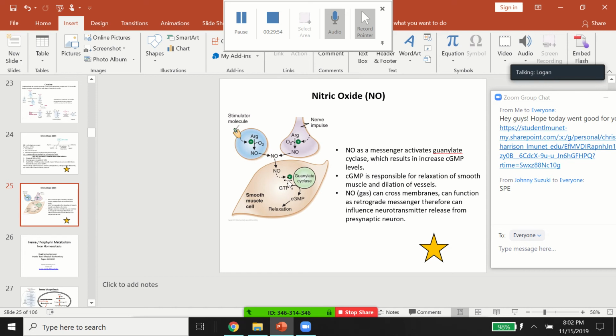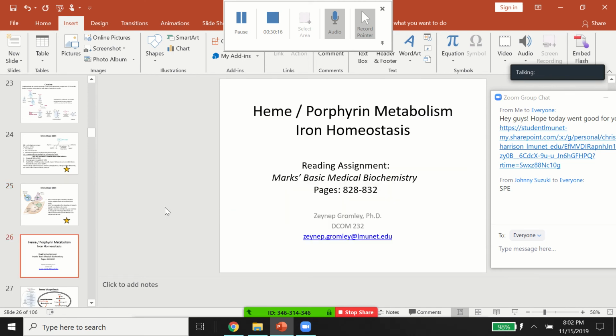But anyway, that NO, or nitric oxide, can turn on guanylate cyclase and form cyclic GMP from GTP. And that cyclic GMP is what leads to the relaxation of the smooth muscle and typically dilation of blood vessels. So that's typically where this smooth muscle is associated, right beside blood vessels. All right, so that's it for that one.